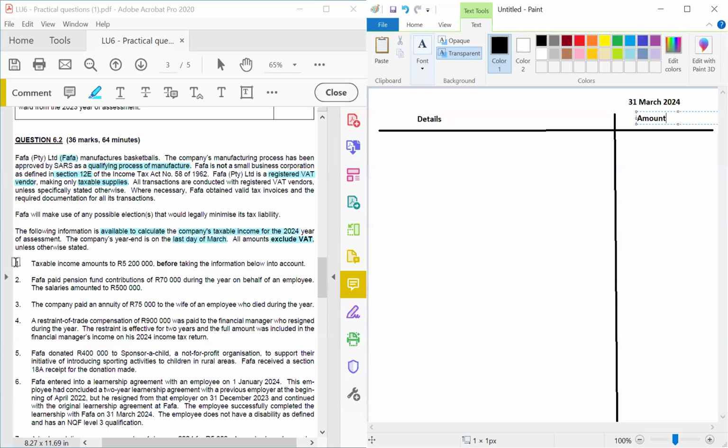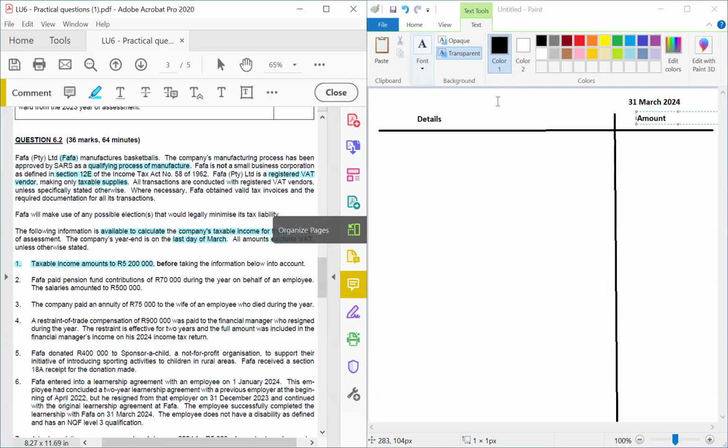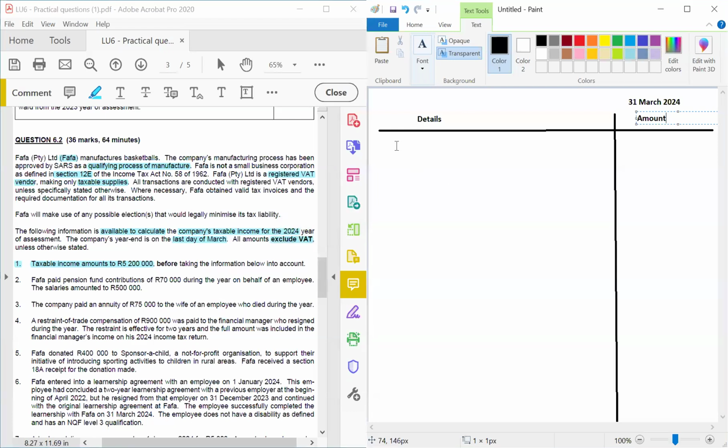Okay, so now number one, taxable income amounts to 5,200,000 before taking the information below into account. So they already gave us the taxable income before the below information. This is a clear guideline that I can start with my taxable income.